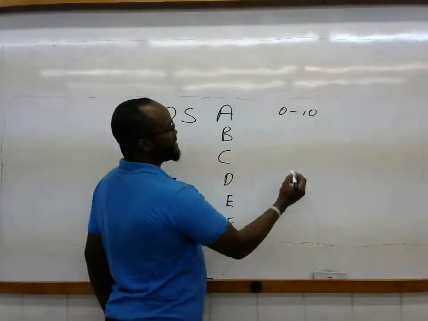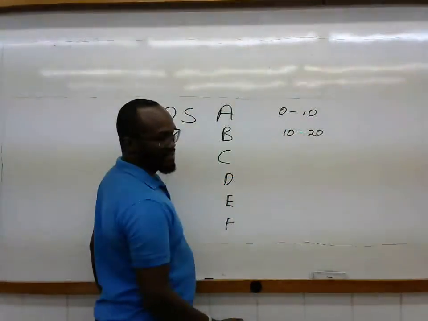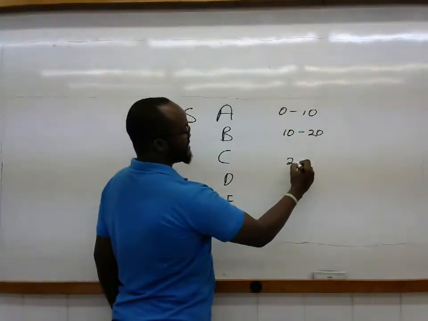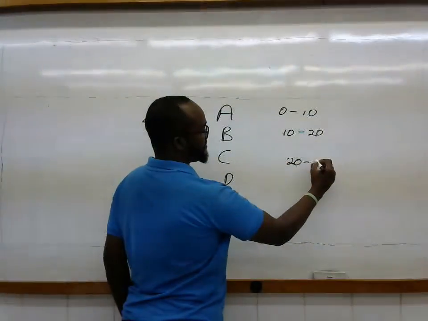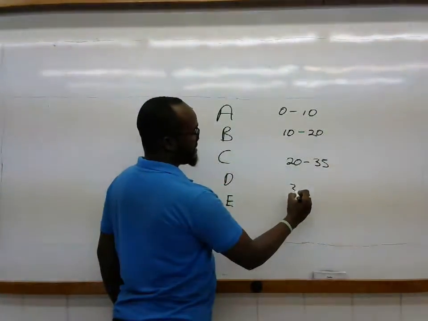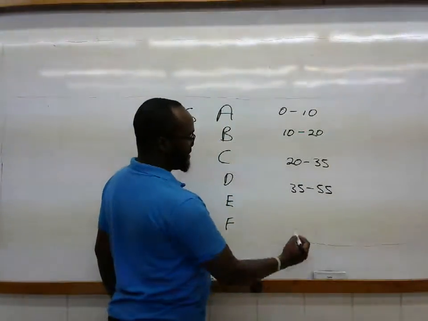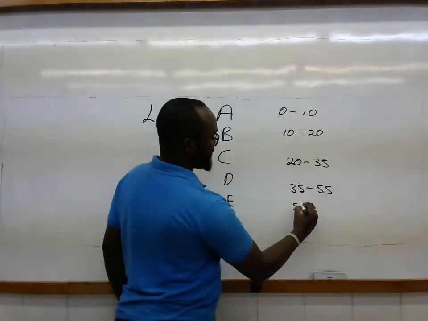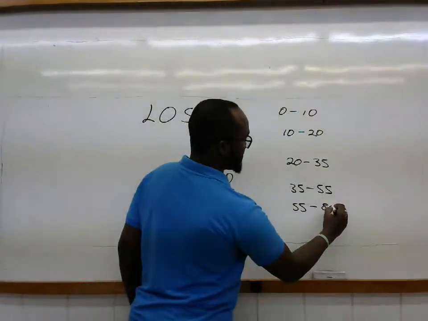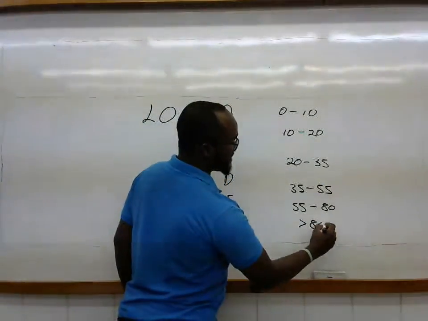Level of service B, 10 to 20 seconds. C, 20 to 35. D, 35 to 55 seconds. E, 55 to 80 seconds. And F, anything greater than 80 seconds.